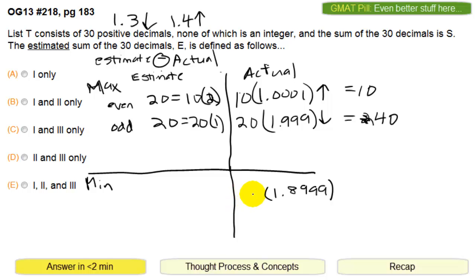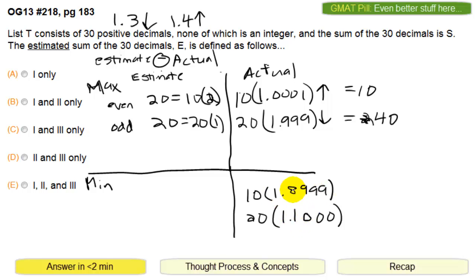So we have 10 of these because it's even. Then for the odd scenario, the least benefit is basically 1.1000.